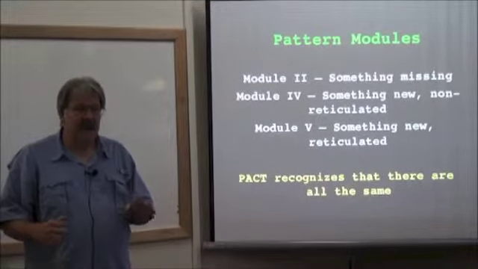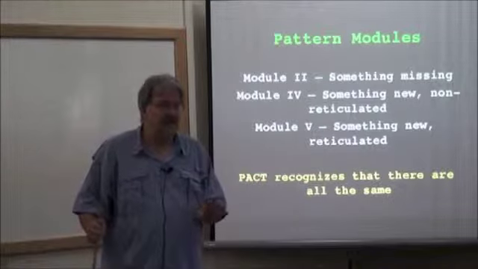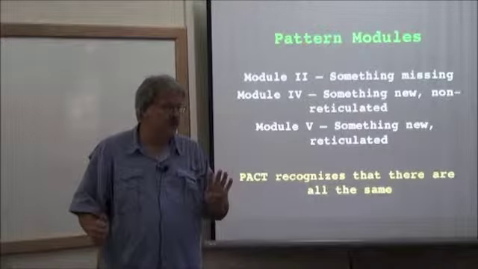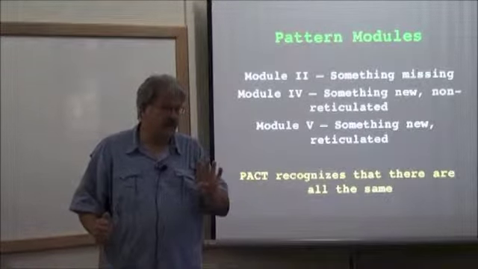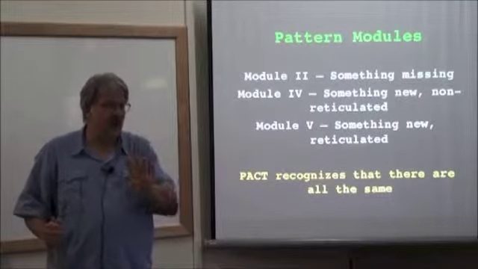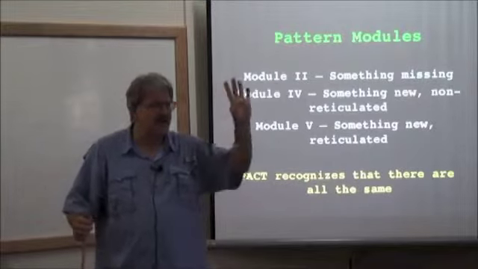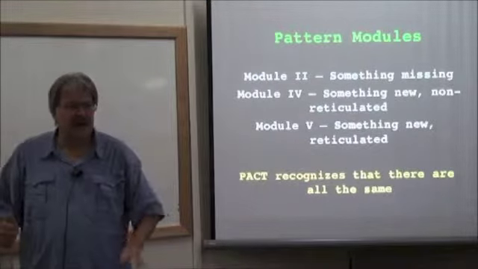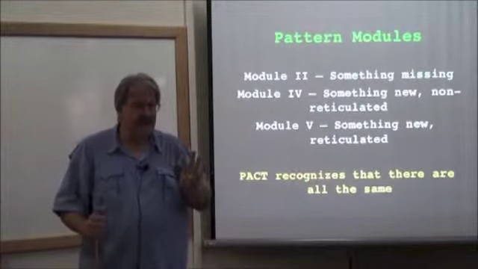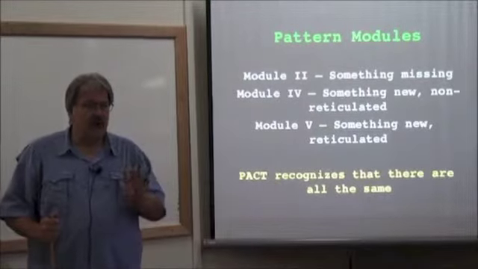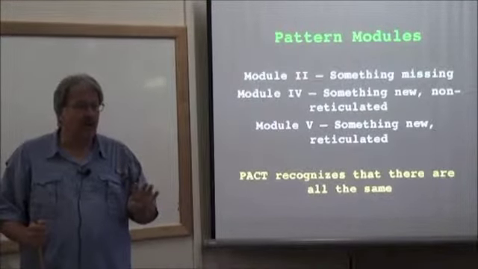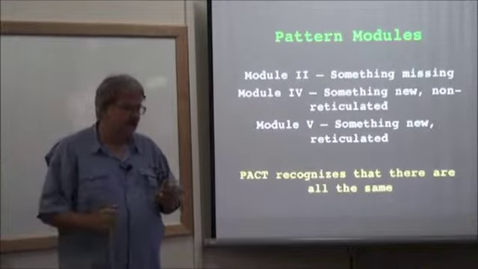That means PACT really only recognizes 4 modules, 4 classes of patterns. All cladograms, all phylogenetic trees, all gene trees, all host cladograms, all area cladograms, for everything, everywhere, all the time, are combinations of only 4 modules of pattern.